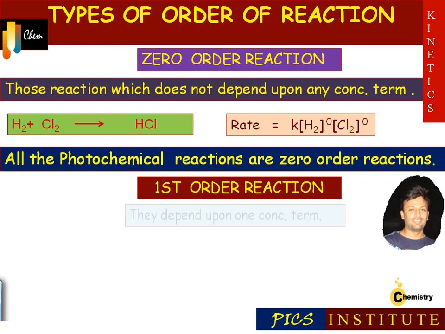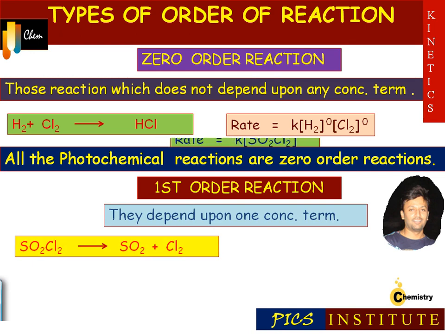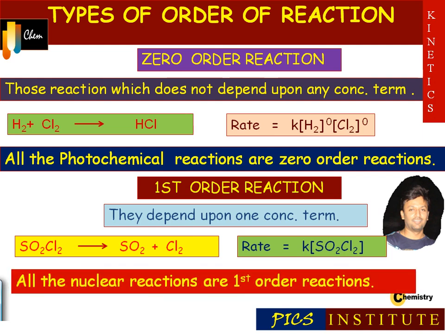First order reaction: they are directly proportional to concentration terms. So for the reaction, the rate law is as shown; since the power in rate law expression is 1, it is a first order reaction. Always remember, all the nuclear reactions are first order reactions.